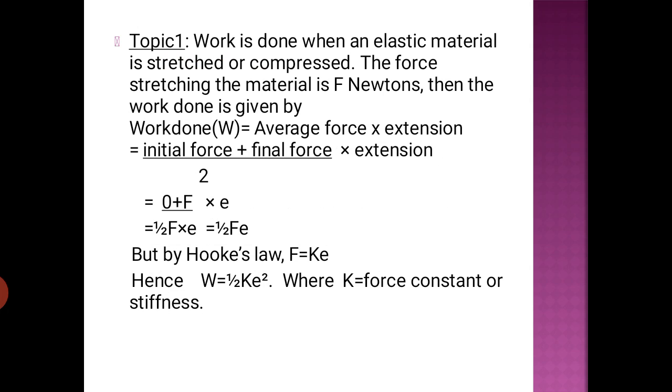Then the work done is given by work done equals average force times extension. That will give us initial force plus final force divided by 2 times extension, whereby that initial force plus final force over 2 is just representing the average force.